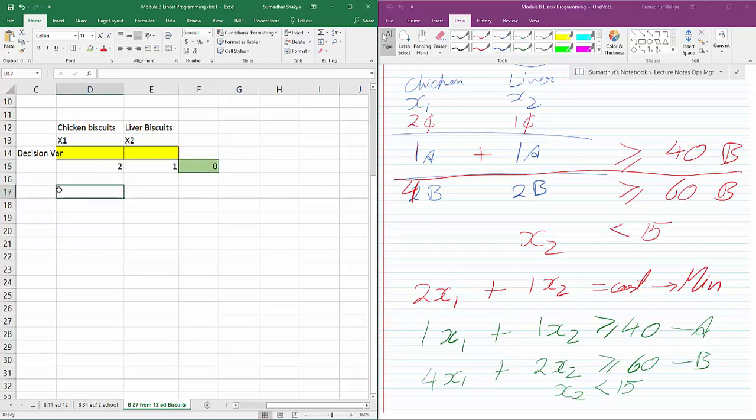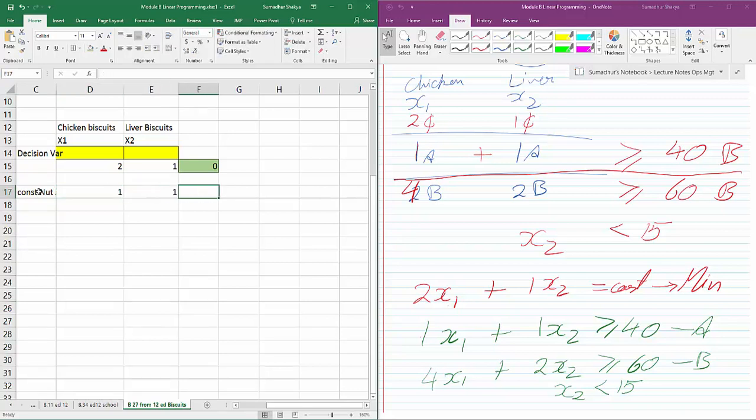Okay, now also the constraints. I'm going to write it on this side, because we know the sensitivity report is going to pick up the first left alphabet. For nutrition A, it is 1x1 and 1x2.